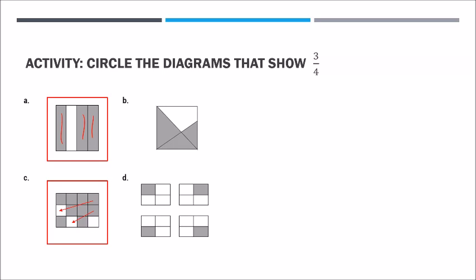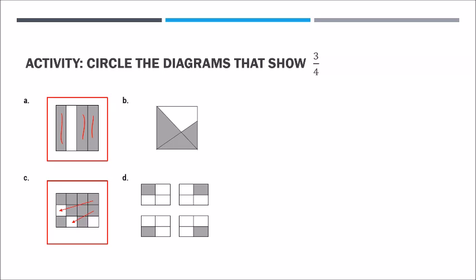Now part C is also 3/4, because if I moved these little squares, where this white one is, if I move that back up here, and the same with this one, I would have 4 columns, and 3 of those would be grayed out, and then I'd have 1 column which is all white.